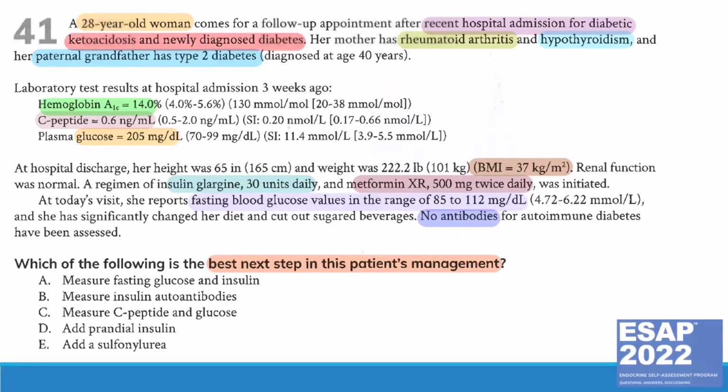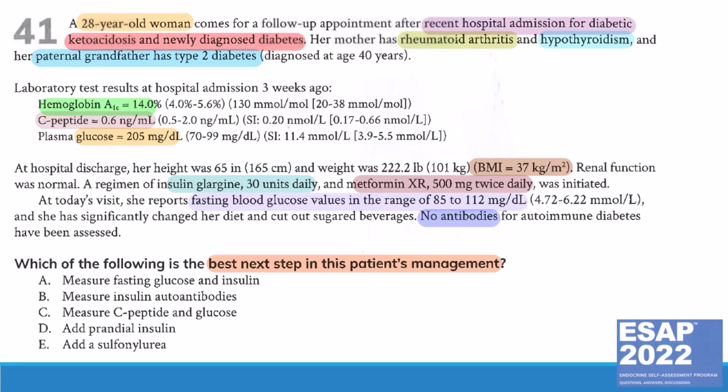The body mass index is 37, obese. The patient is on insulin glargine 30 units with metformin XR 500 milligrams twice daily. The fasting range is from 85 to 112. No antibody for autoimmune diabetes has been assessed. Which of the following is the best next step?